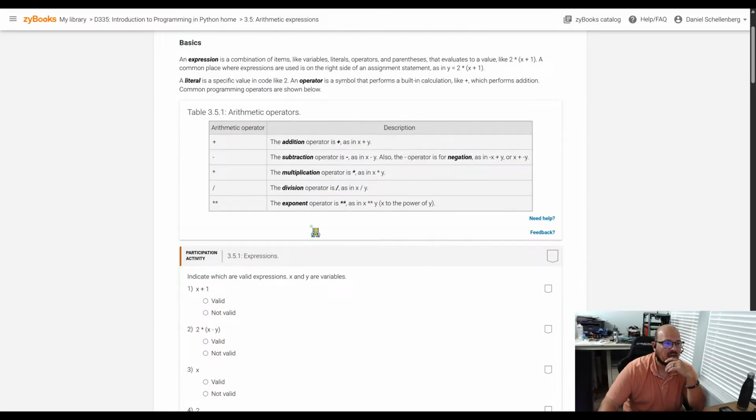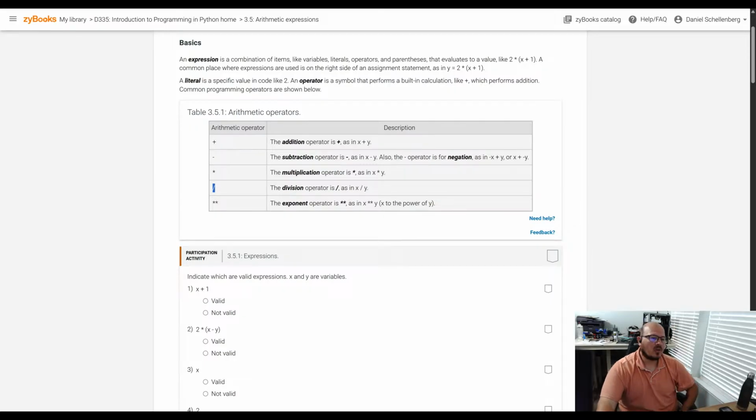I would recommend writing these down as a note. I think it's very important to understand what these do. Later, I believe it will teach us about the double forward slash, which is, what operation was that called? I know the percentage sign is modulo, and the other one is called something else. I wish I could remember.